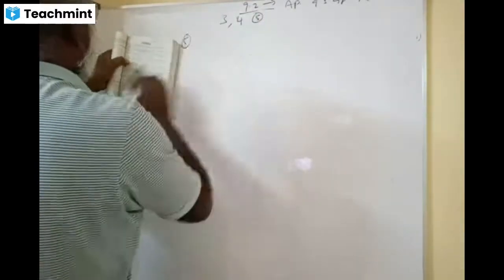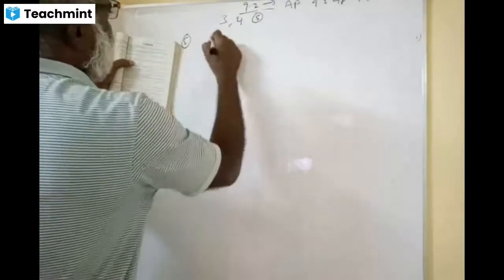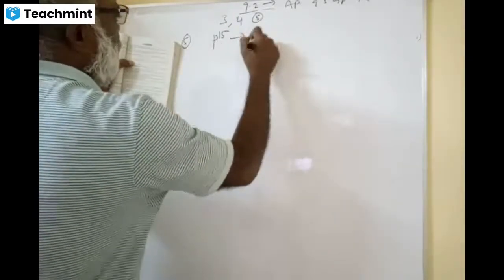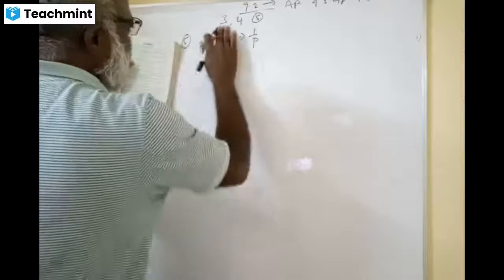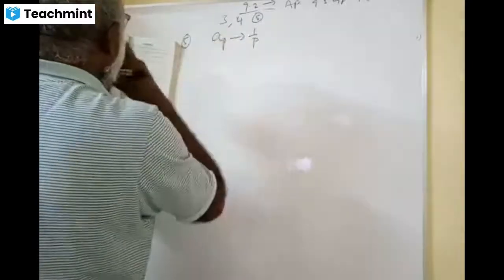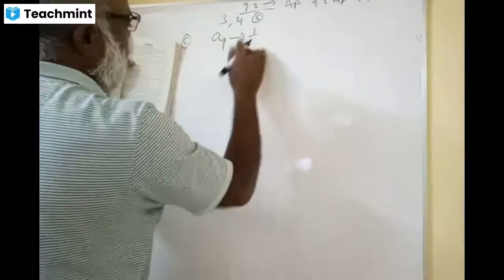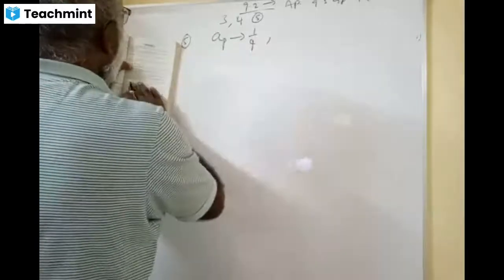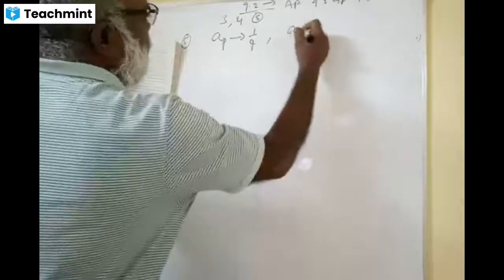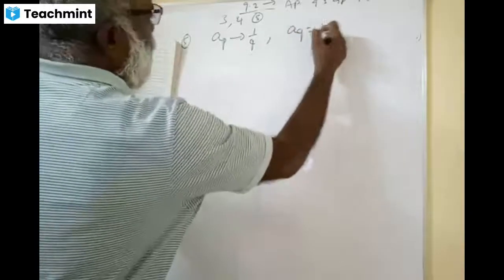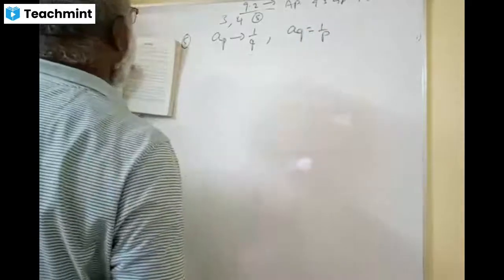The fifth one is this. In an AP, the pth term, that means AP, is 1 by Q, and the qth term, that is AQ, is 1 by P. So beautiful.